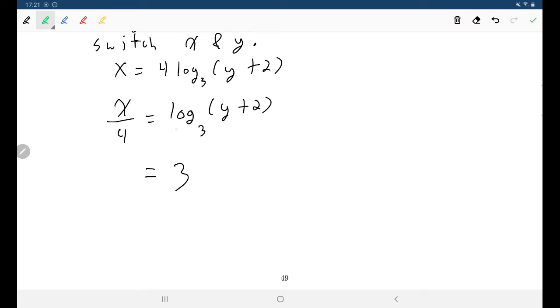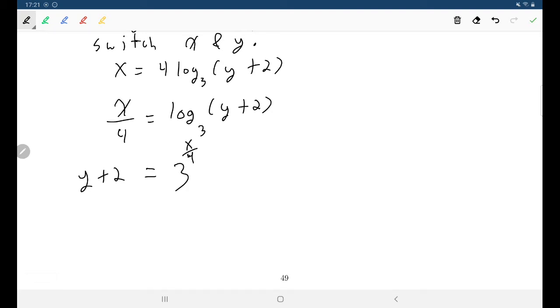For the logarithmic function, x over 4 was the output, so for the exponential function, x over 4 should be my input. y plus 2 was going into my logarithm, so y plus 2 is coming out of my exponential function.